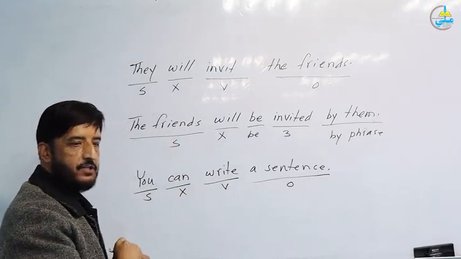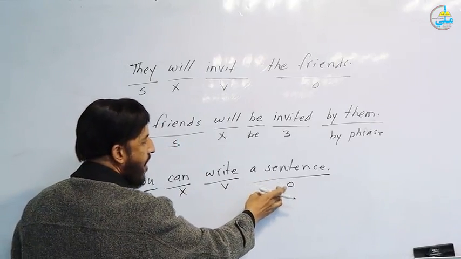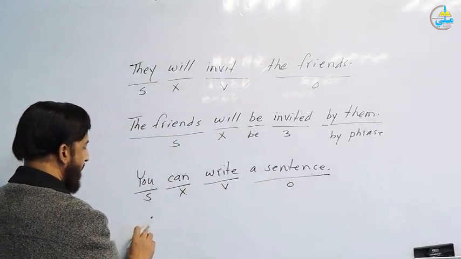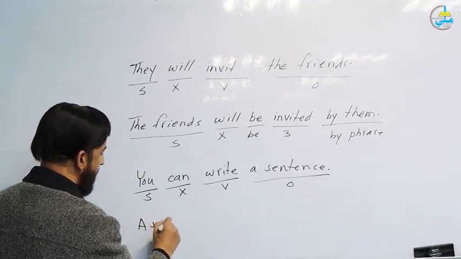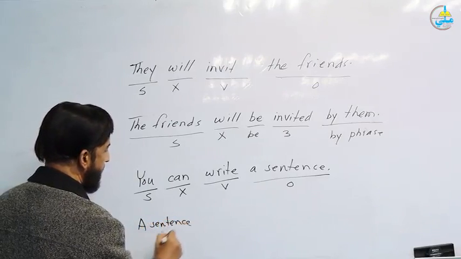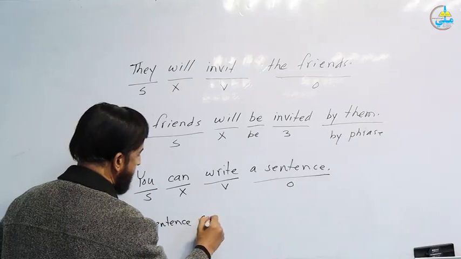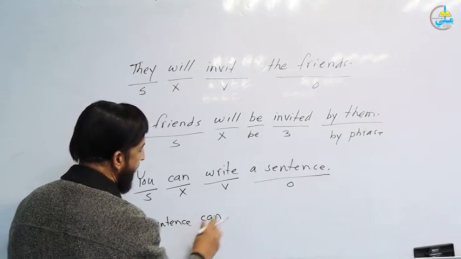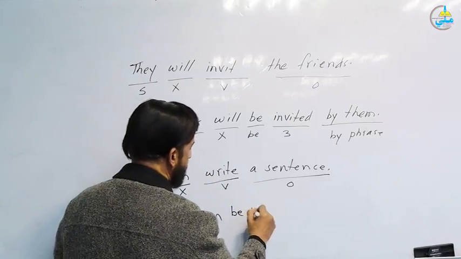Now, if we change it to passive, we make the object the subject of the passive sentence. So how? A sentence. The helping verb is can. A sentence can, after can we use be, and then the third form of the verb, written.